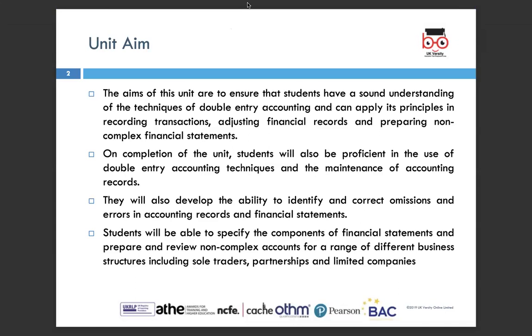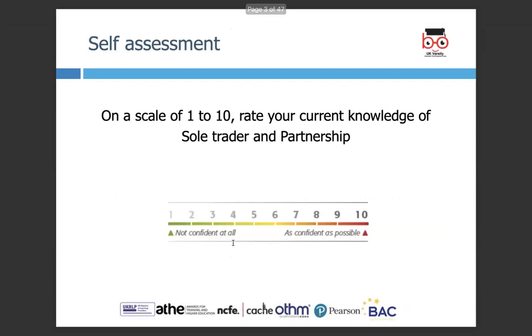If you know a bit of accounting, it's rectification of errors as well. Also specify two components of financial statements and prepare and review non-complex accounts for a range of different business structures, including sole traders, partnerships, and limited liability companies.